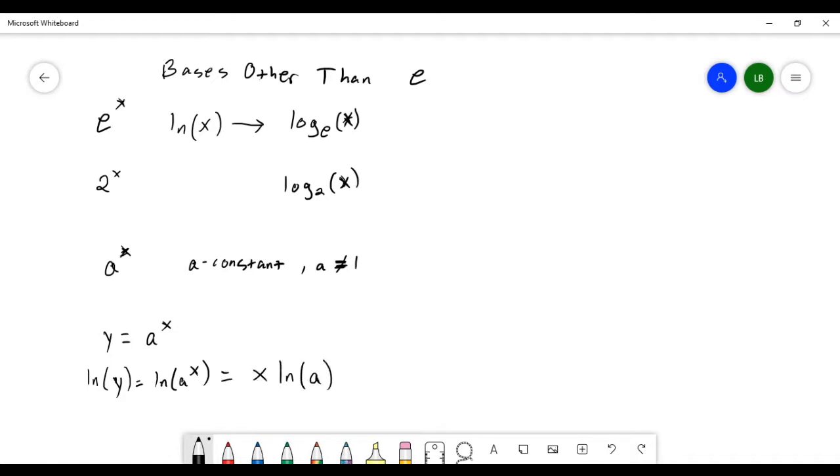Now if we took the derivative of both sides, we get that 1 over y times y prime is equal to the natural log of a. Because natural log of a is just a constant, when we take the derivative of x times the natural log of a, we get just the natural log of a.